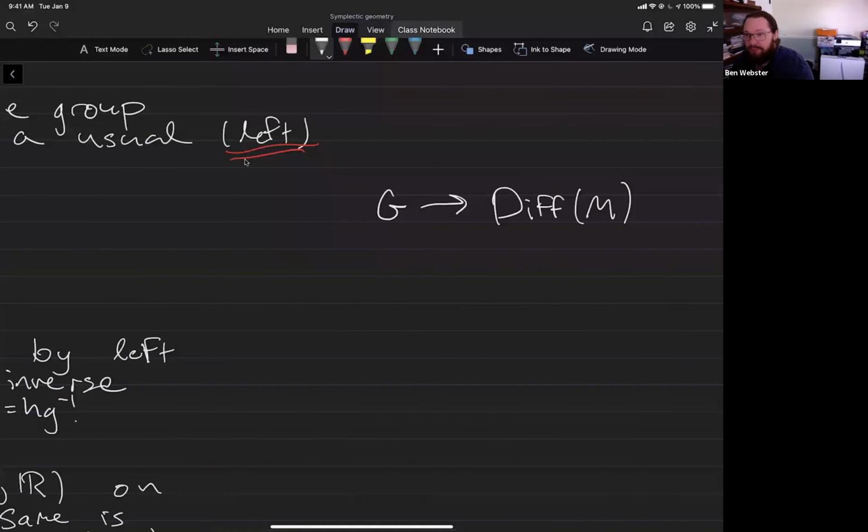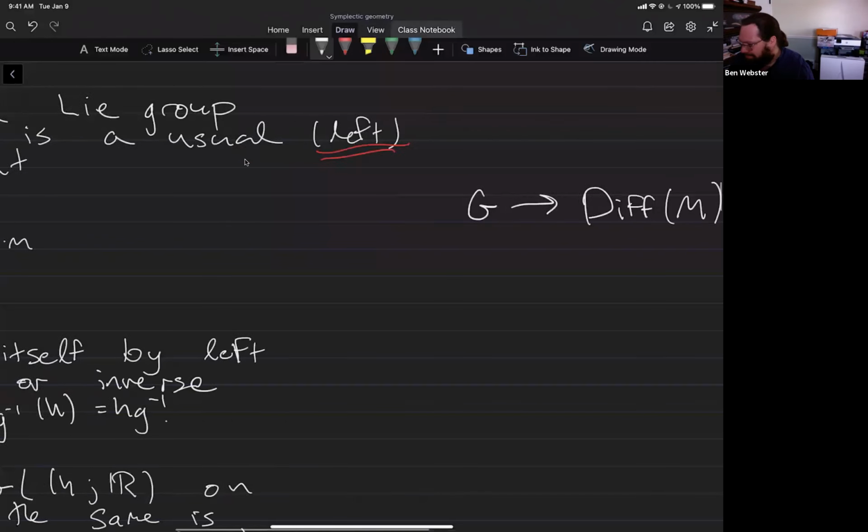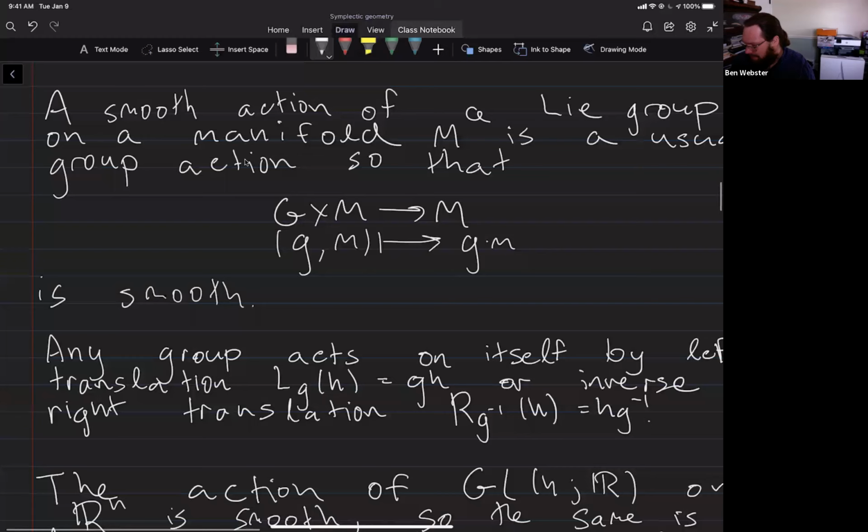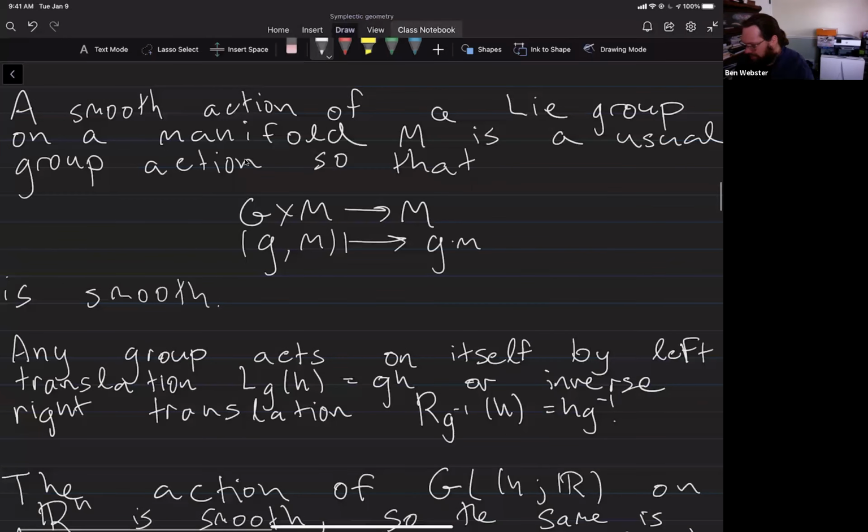This diffeomorphism group you should think of as some kind of infinite dimensional manifold. And I would like to say, oh, this is a smooth map from G into diffeomorphisms, but then you have to answer some tough questions about what it means for a map into diffeomorphisms to be smooth. So it's more convenient to just say, hey, this map, the action map, is smooth.